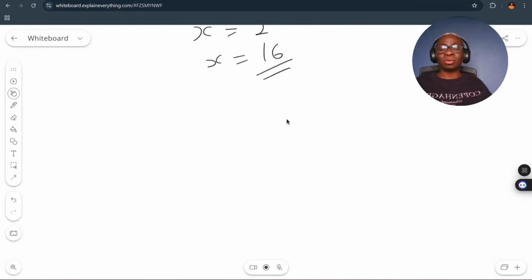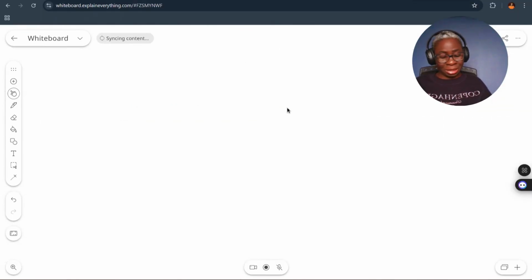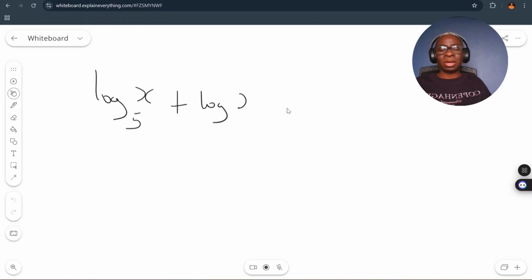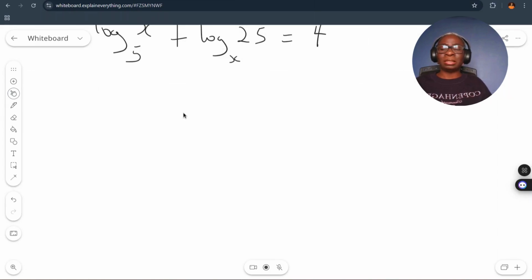Now to the second question that looks like it. The second question says log x base 5 plus log 25 base x equals 4. So now we will take the second term and change the base. Let's first change the base of log 25 base x.